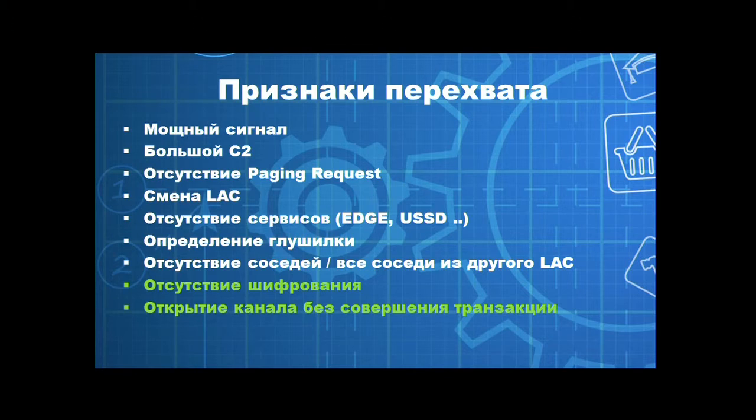So first of all, we look at the power of the signal to switch the subscriber to another node. The virtual one must be more powerful, and there's the KC2 coefficient, which is used by the operator.